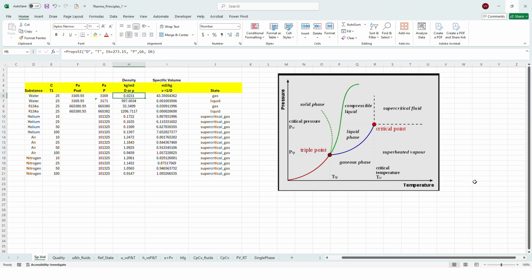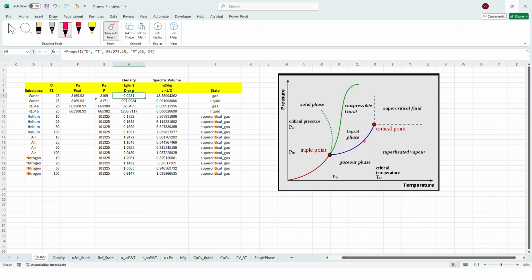So what I did is I picked a point somewhere in here. Okay, assume this was 25 degrees C. So this is somewhere around 3169.93 Pascal. So this is the two-phase region, and that's the saturation pressure.